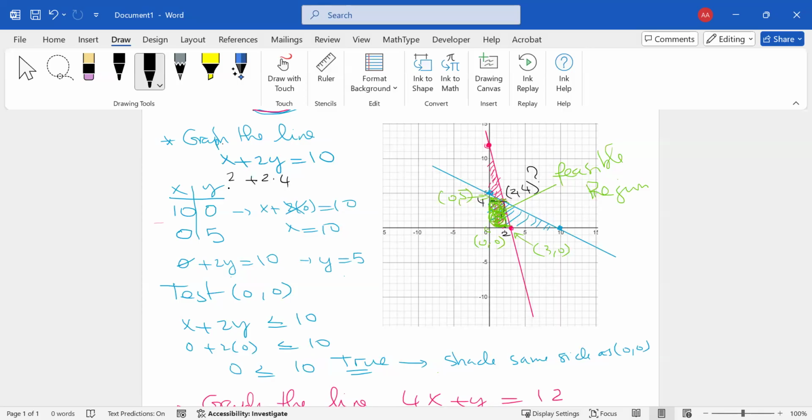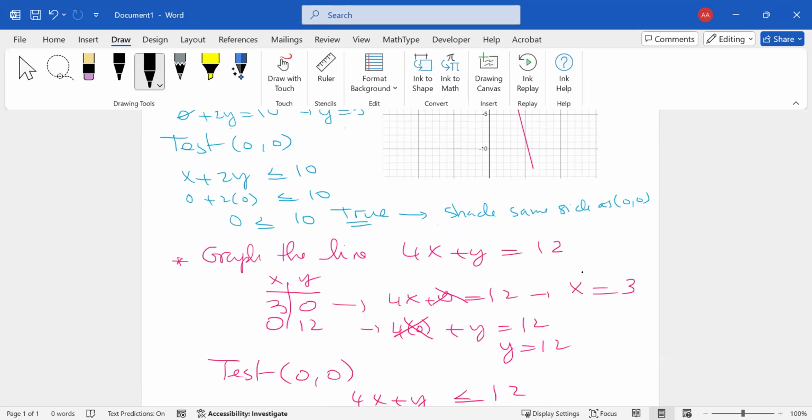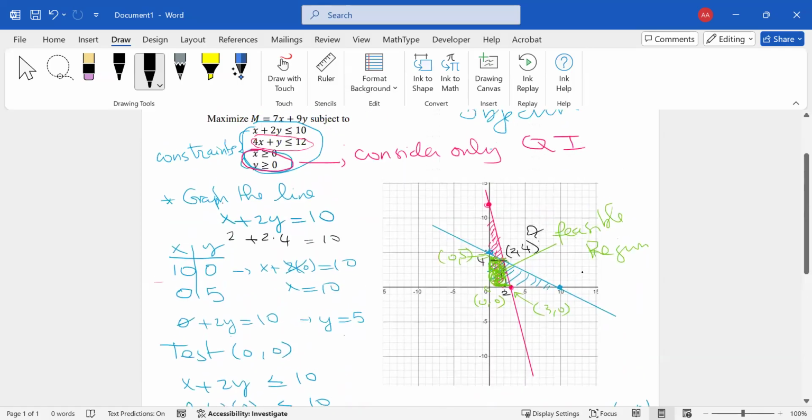That's 2 plus 8, which is 10. Okay, that's good. And then we go to the other line too. If say 4 times 2 plus 4, that's 8 plus 4, which is 12. That's good. Which means the 2, 4 is exactly, our guess is correct.